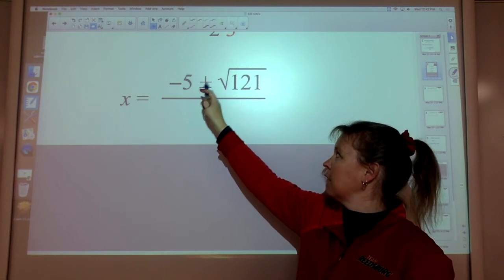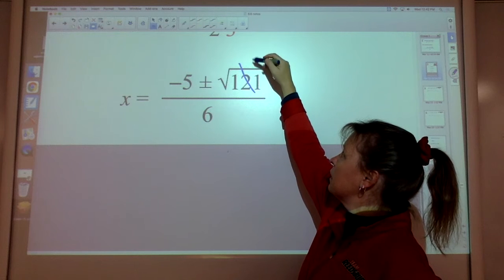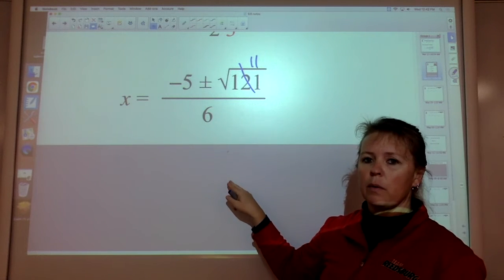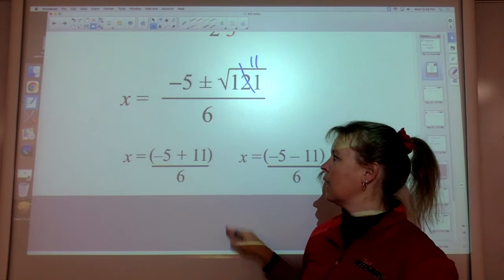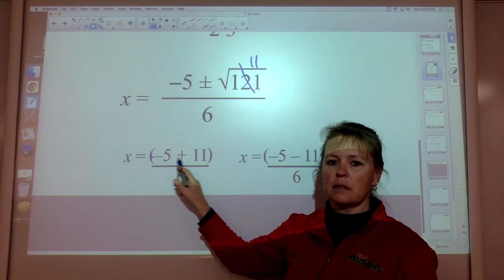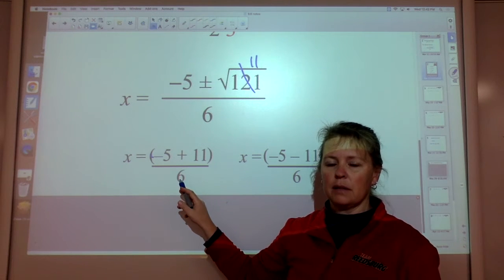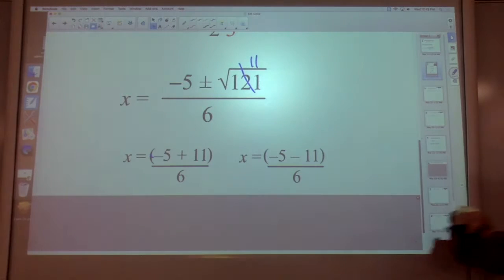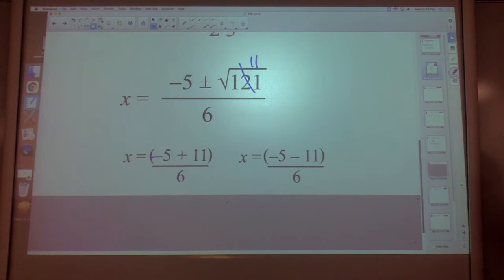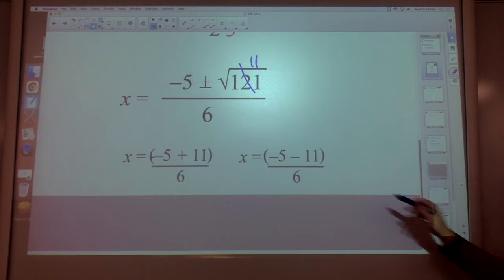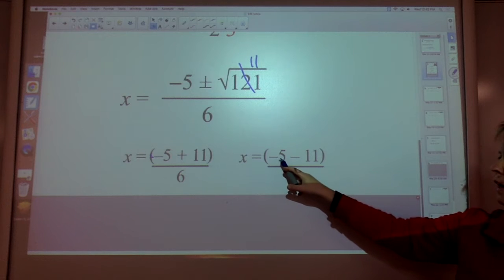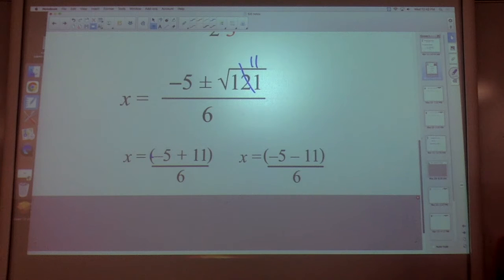First, negative 5 plus 11, in parentheses, divided by 6. Then x equals, in parentheses, negative 5 minus 11 divided by 6. We have to do 2 problems because there are 2 answers.